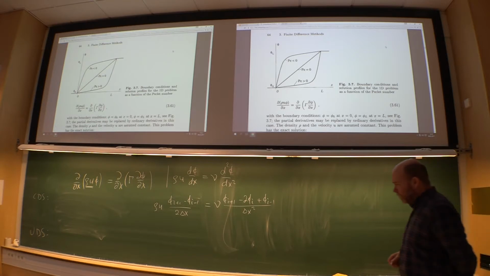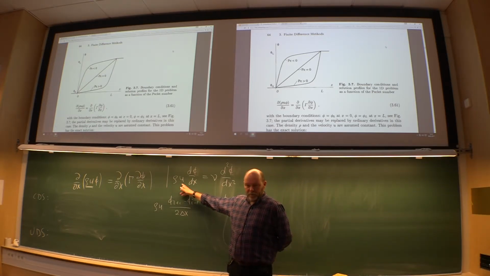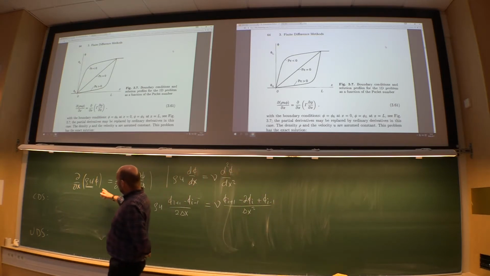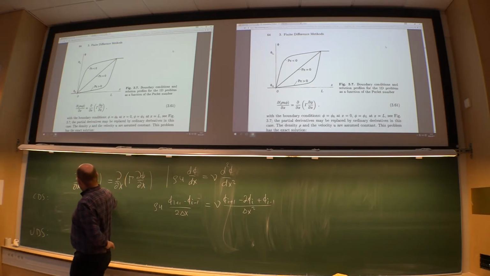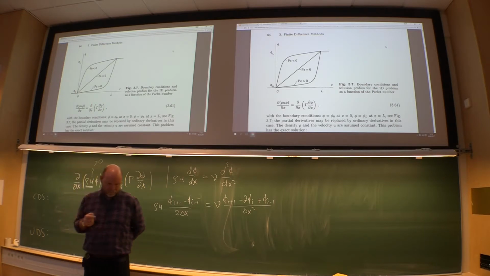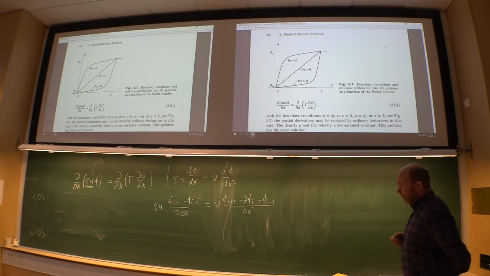What about the upwind? Well, the upwind, that's only the term where you have a velocity outside, or inside if you like, but you have to decide is it positive or negative. So here we say this one is bigger than 0. So the flow is going to the right.